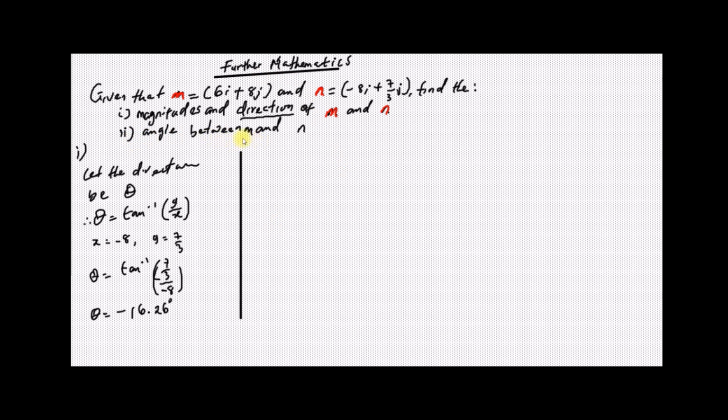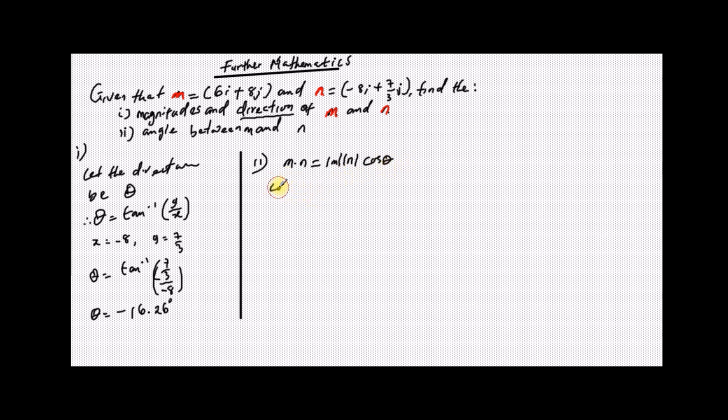For the second solution, which is the angle between vector m and vector n, we have the formula to be m dot n equals magnitude of m and magnitude of n cos theta. So in this case, we find the dot product of the two vectors, then their magnitudes, and with that, we should be able to get the angle between the two vectors.